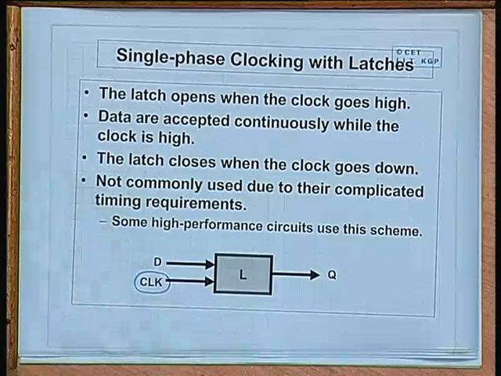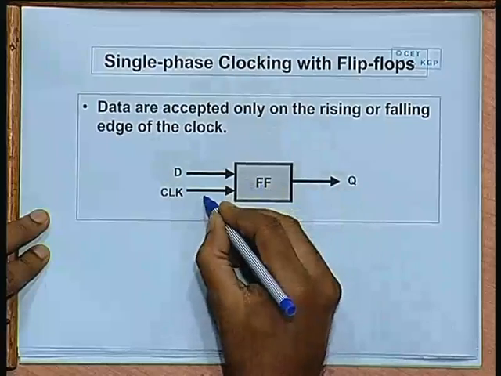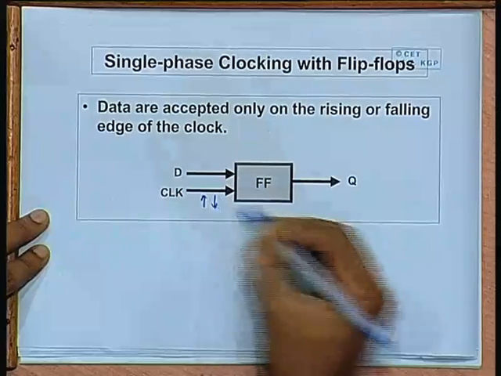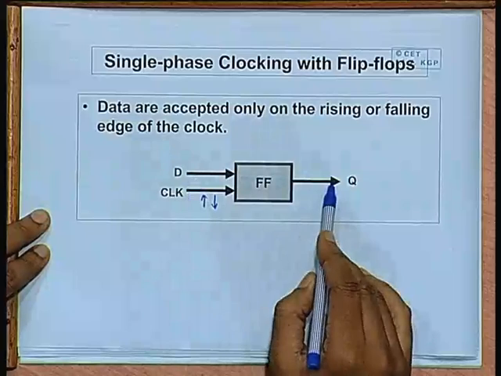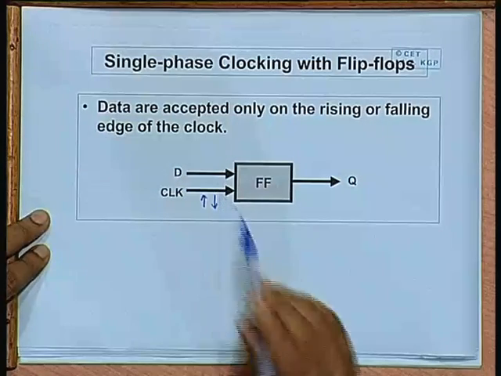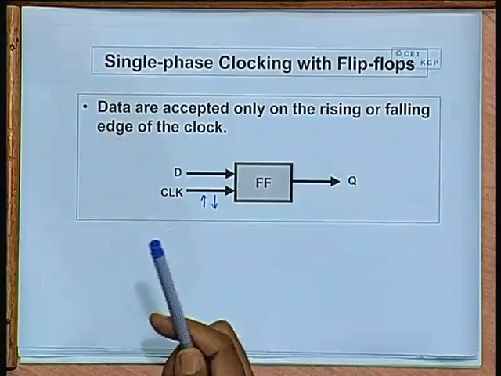But as I said, most of the conventional designs today work with flip flops, where the flip flop is triggered either by the leading edge or the falling edge of the clock. So, only at the edges the output will change state in response to the applied input. Actually, for greater flexibility and highest speed of operation also, most of the complex circuits use multi-phase clocks.